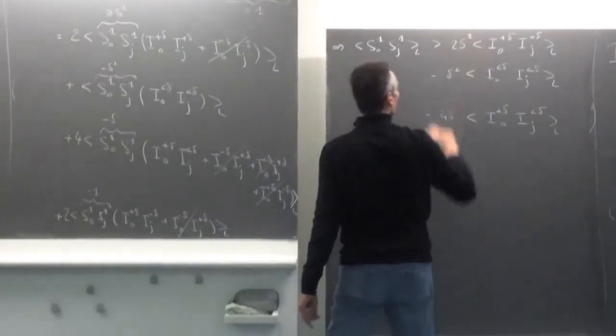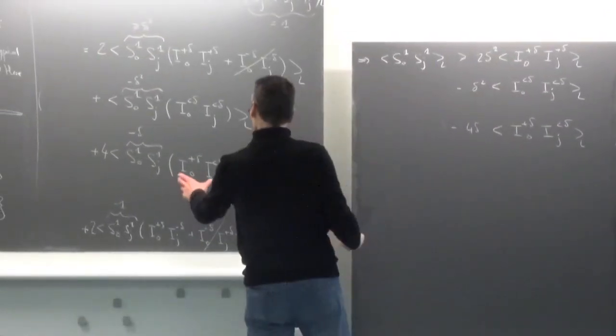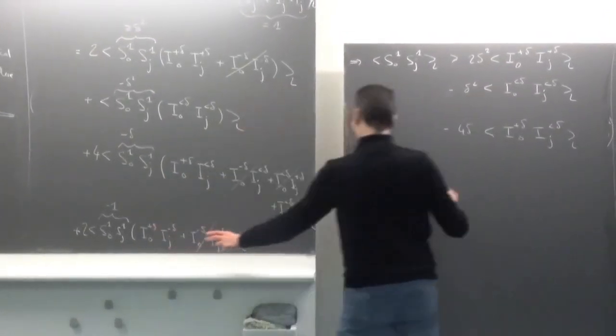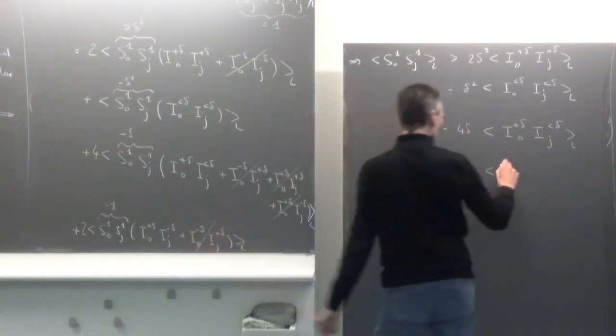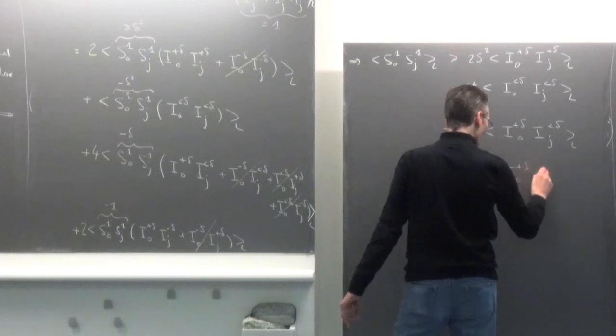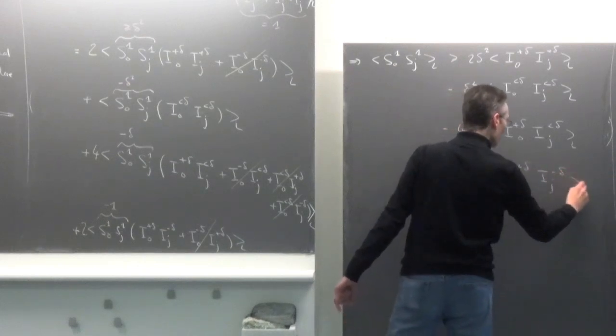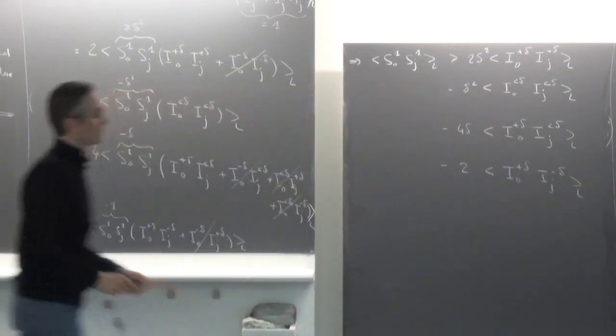Thank you, yes, here there is a square, right? Should be a square. Then this one is like that, and the last one is a minus 2, I0 plus delta, Ij minus delta. Okay, that's where we are for the moment.